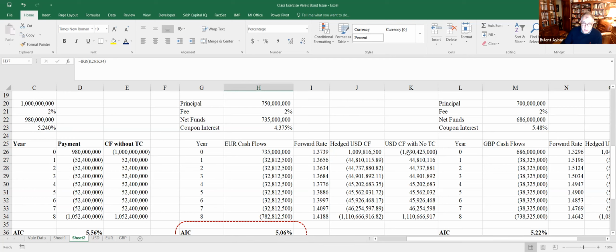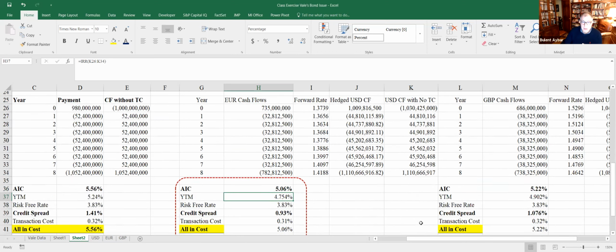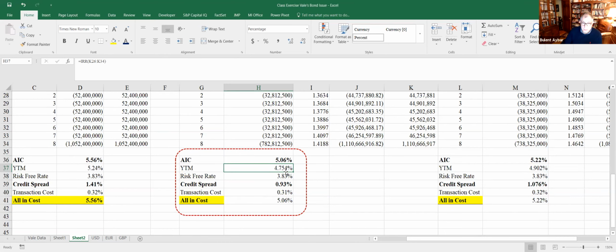We converted that at the spot rate to 1,030,425,000. And then we also converted all of the euro cash flows that the investors are going to receive at the forward rates into US dollars. And then we calculated the yield to maturity based on that. So that was the basis of our credit spread calculation. And also it was the basis of our transaction cost calculation.